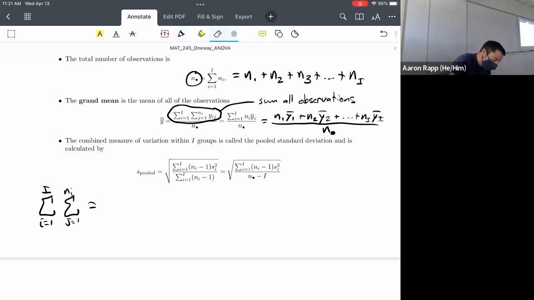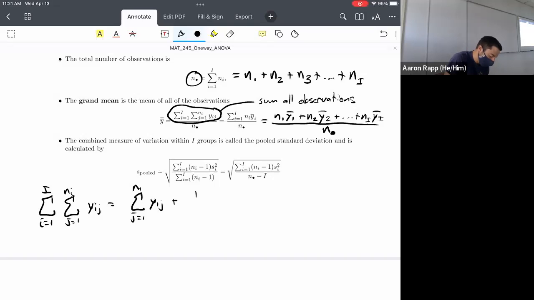So I'm going to be adding up y of ij. When I break this down, it's going to add up into capital I number of summations, where I first sum up all the observations in that first group.